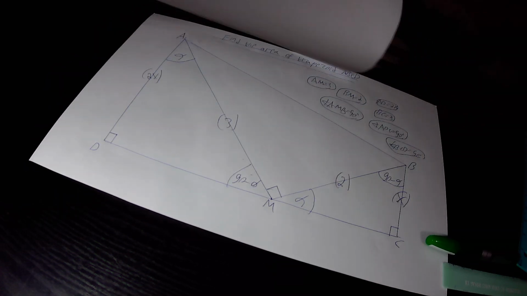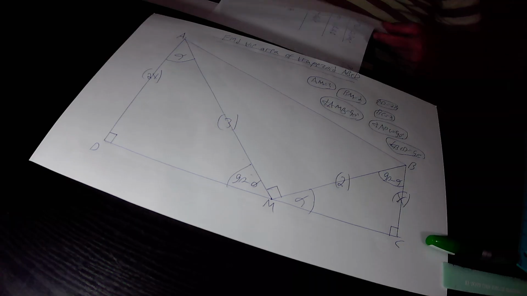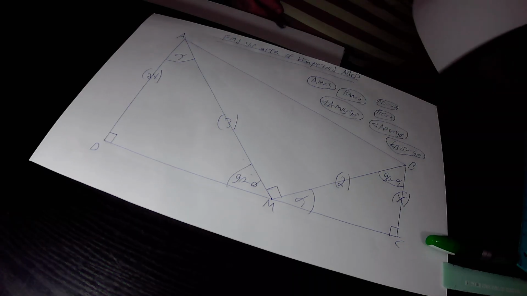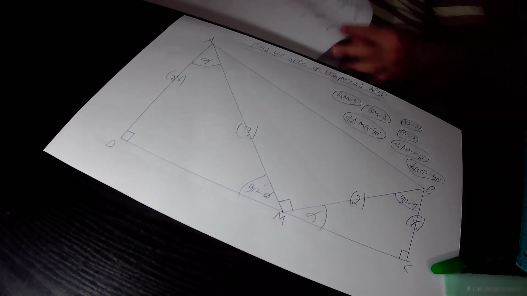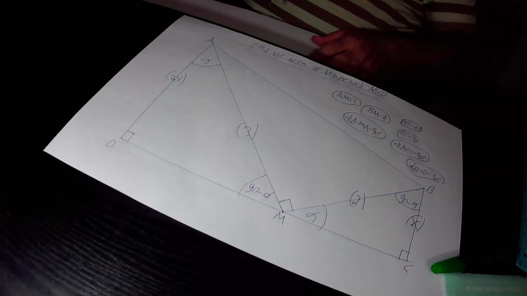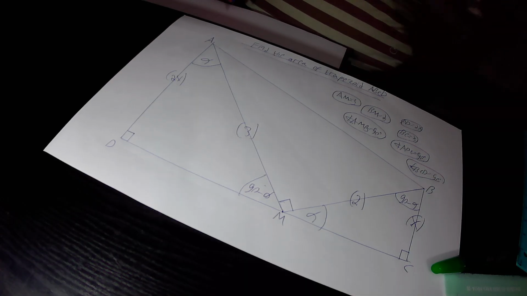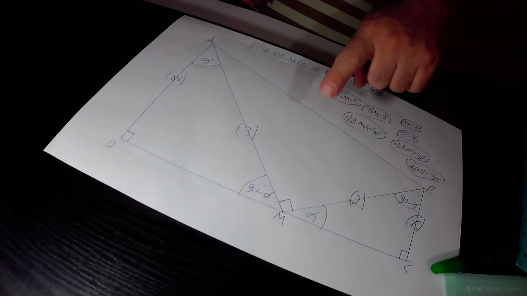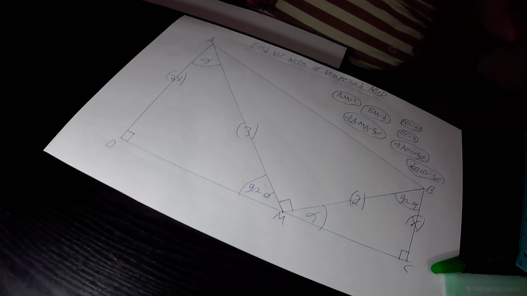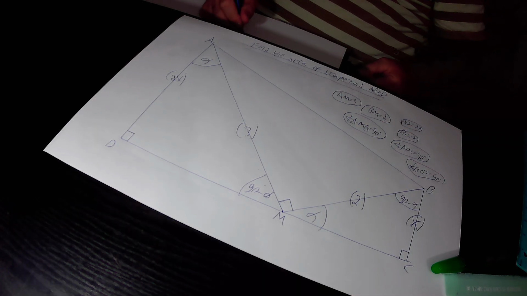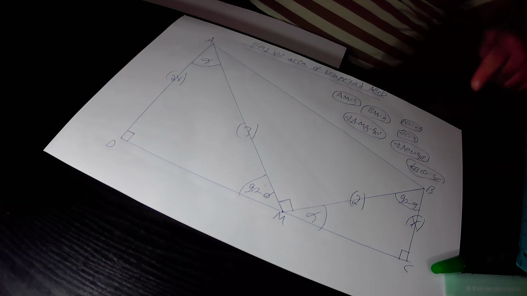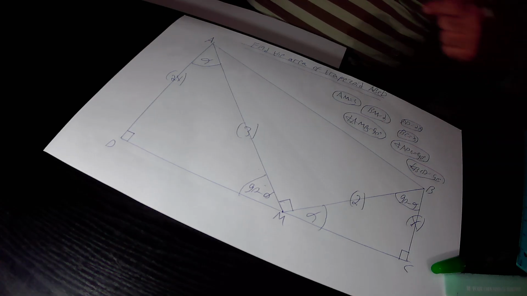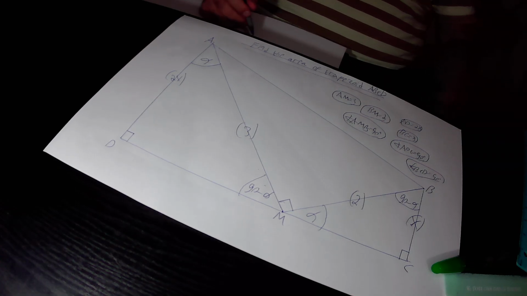And it is also equal to side AM of this right big triangle AMD over side BM of this right small triangle BMC.